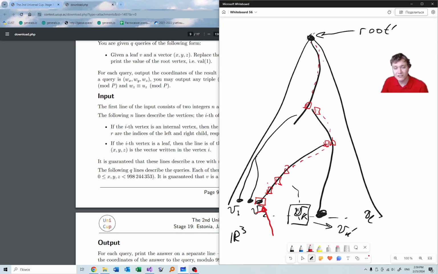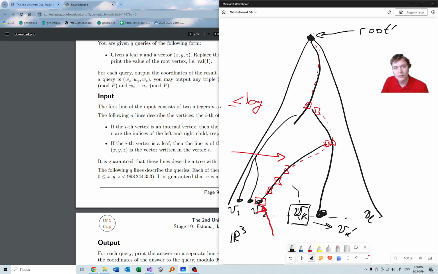And if we were guaranteed that the height of this tree is at most logarithmic, for example, then the problem would be easy, because we simply update all these vertices. However, it's not the case. Usually the height of this tree is much bigger than logarithm. So we need to use heavy light decomposition.